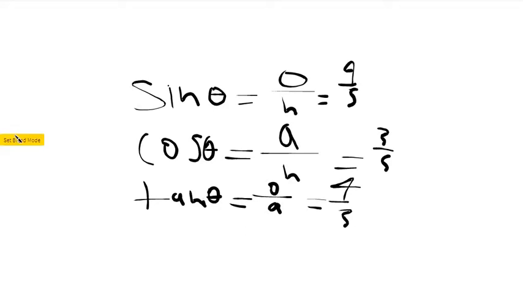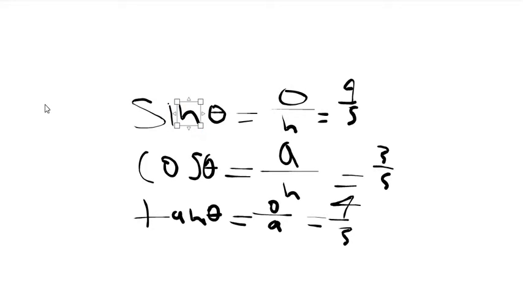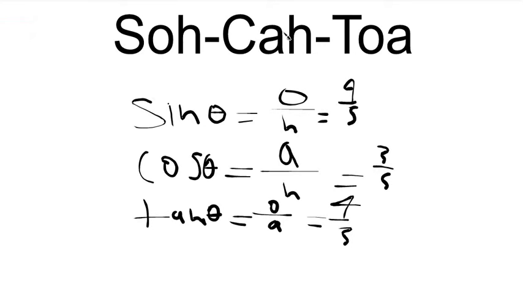For a person just learning this, it could be extremely difficult to remember. So there's a popular saying that we use to remember these better. It goes like this: SOH CAH TOA. What could that mean? Well, if you study it closely, SOH: S stands for sine, O stands for opposite, and H stands for hypotenuse.